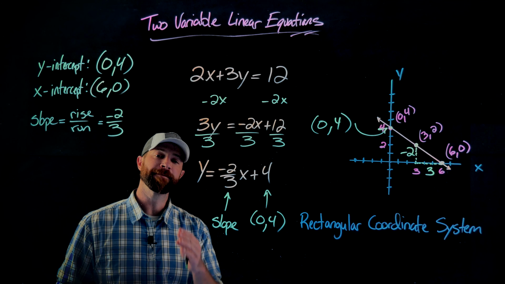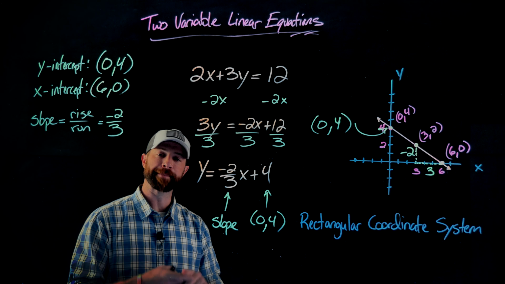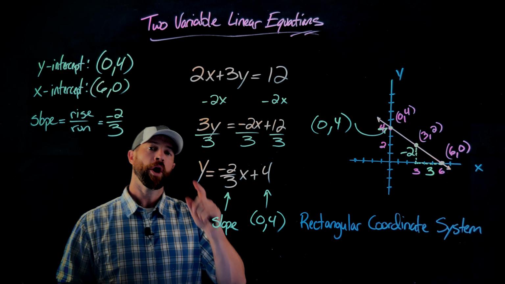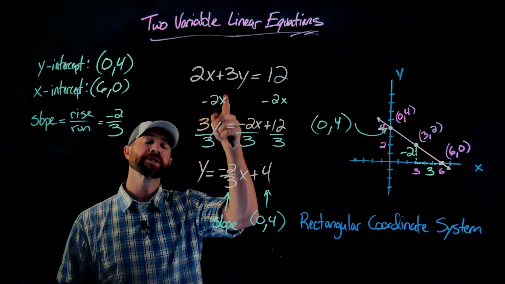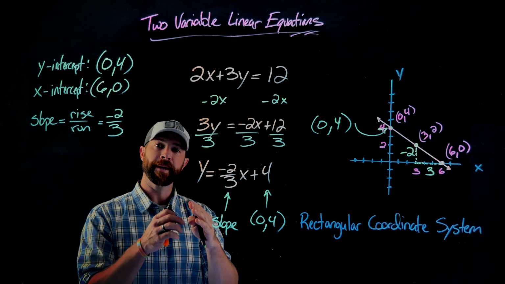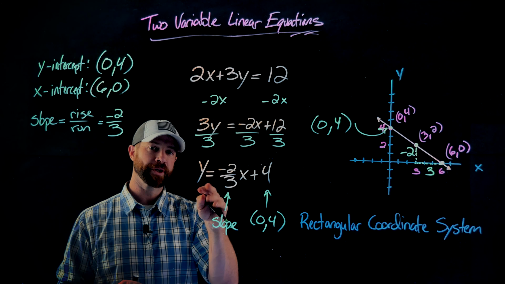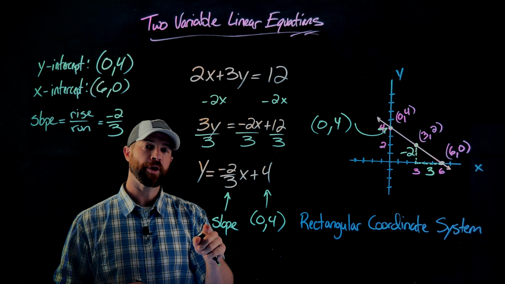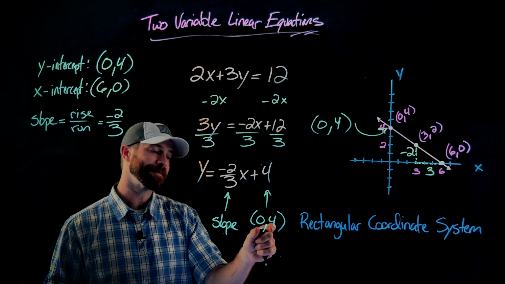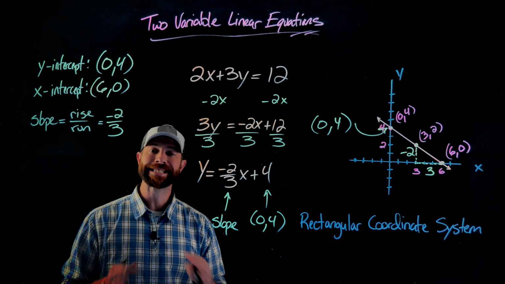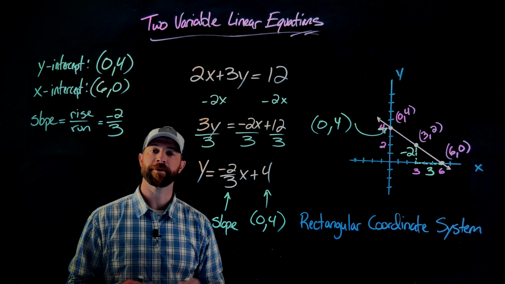In fact, if you understand y-intercepts and how slope works, all you need to do is simply solve a linear equation for y, identify the coefficient in front of your x for your slope, and identify the constant for your y-intercept, and you can simply graph this line with that information.